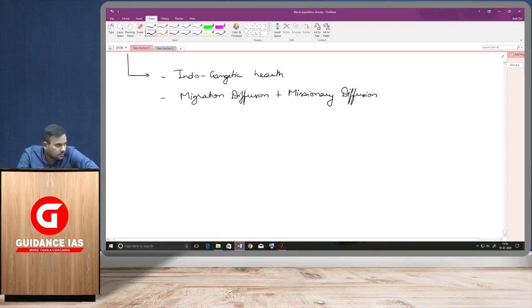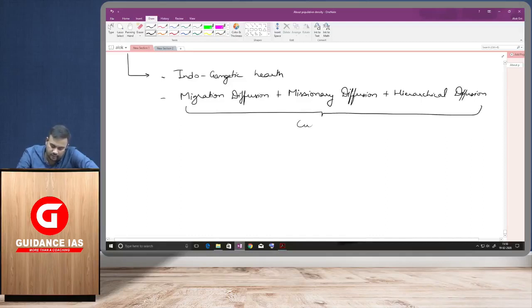Missionary diffusion was later also supplemented by hierarchical diffusion. That means it is a result of the diffusion process, hierarchical diffusion. So essentially it is a result of cultural diffusion. So there are two main causes due to which this is found.